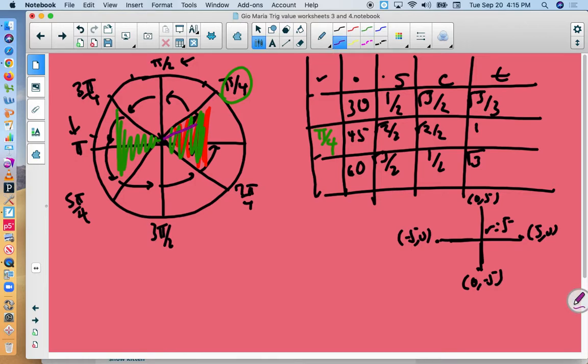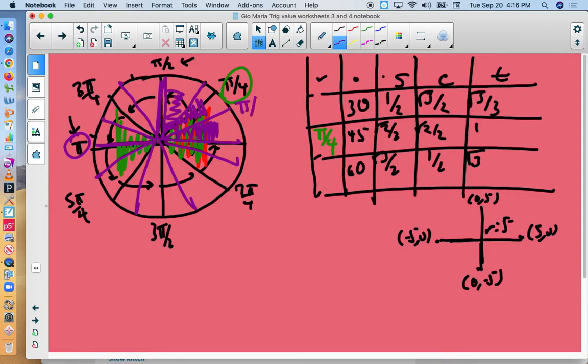And then we divided it into 6 equal parts where I counted by 30 degree increments, 15 degrees on either side of these 45s. And so this was pi divided up into 1, 2, 3, 4, 5, 6, and so on.